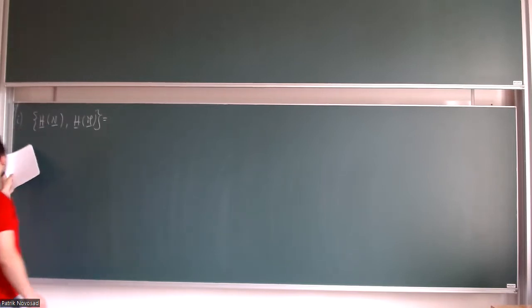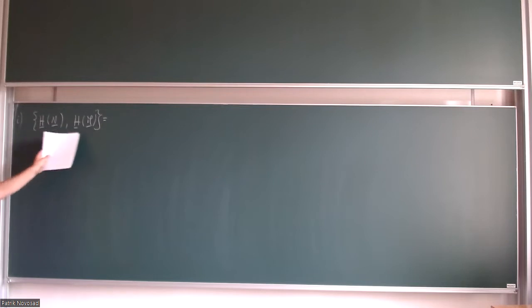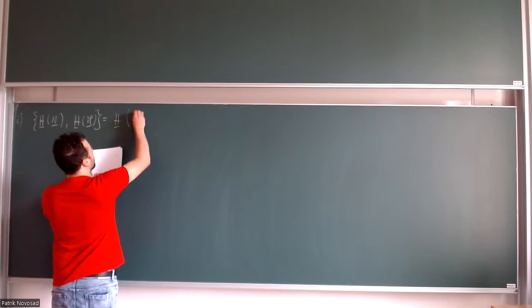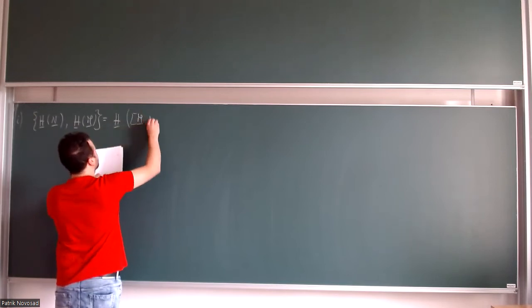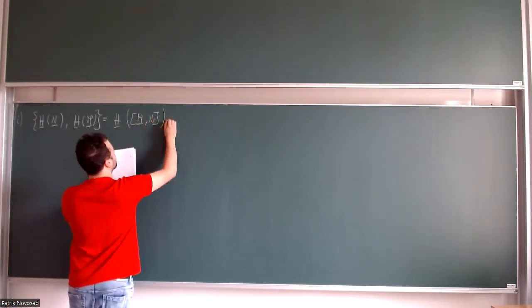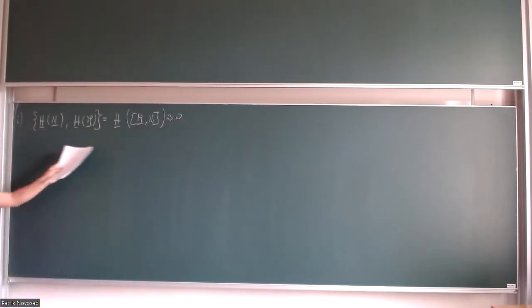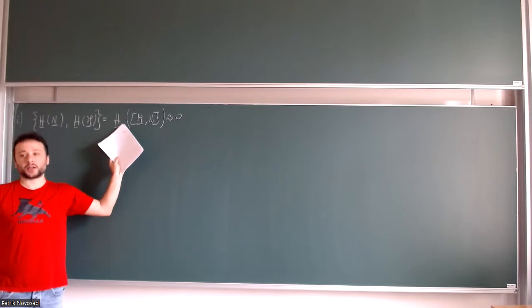And we have three Poisson brackets: between the diffeomorphism and the diffeomorphism itself, the diffeomorphism and the scalar, and between the two scalars. This was zero, of course, because this is again a constraint.